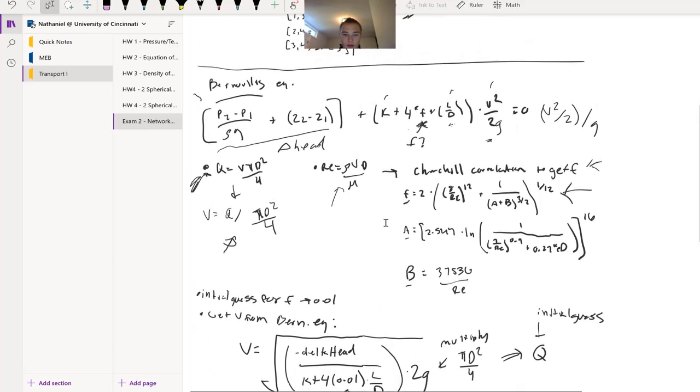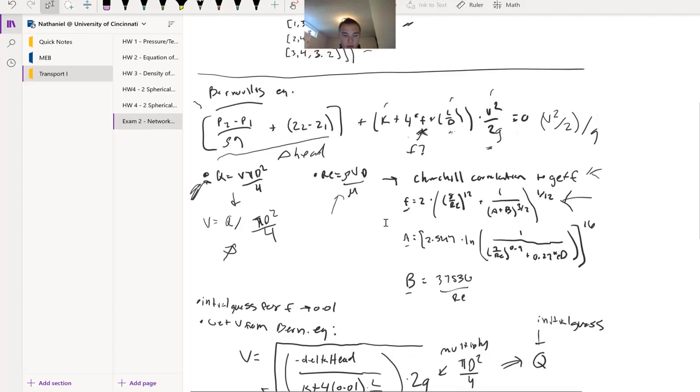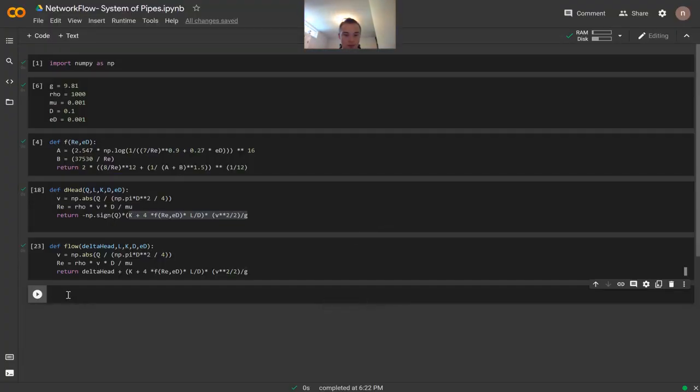To do that, we're going to need to make a new function, and we're going to use something called Newton's method, which will take an initial guess of our flow, and we're going to end up driving this function to 0 in order to get it lined up with our equation.